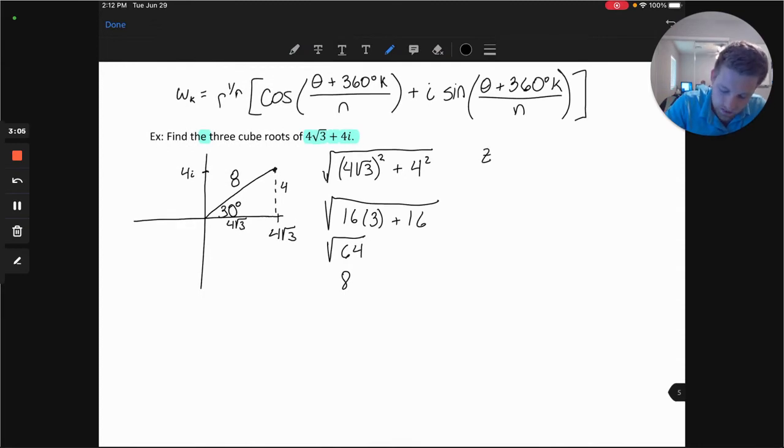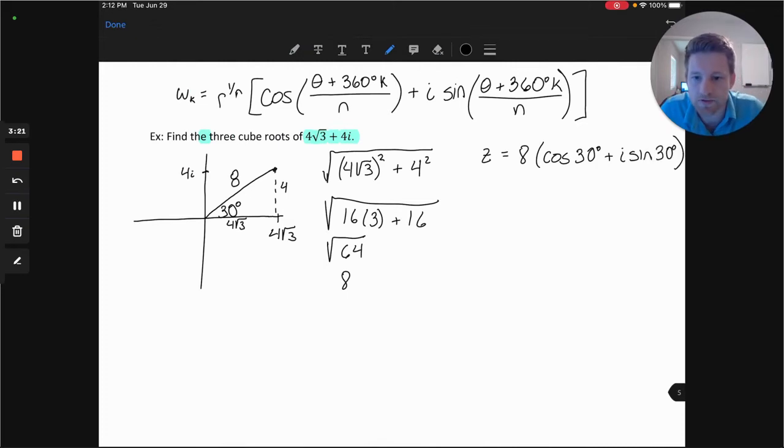This would be z is equal to 8, and we'll have cosine of 30 degrees plus i sine of 30 degrees. So this is the complex number that we're working with. Now we can take a look at this root theorem and consider what the cube roots will be.